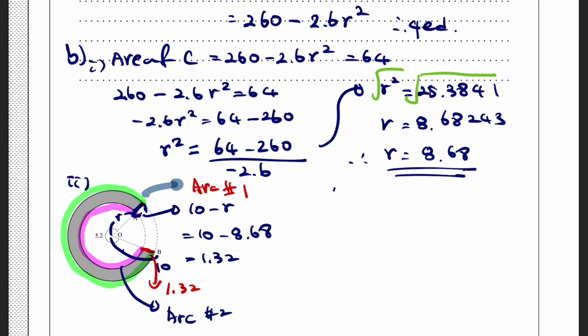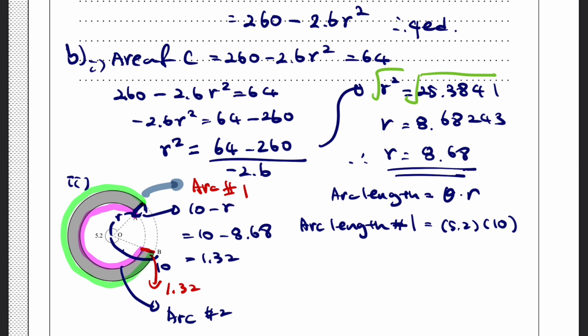To calculate the arc length, we use the formula from your formula booklet: angle times r. The arc length number 1, with radius 10, is angle 5.2 times 10.